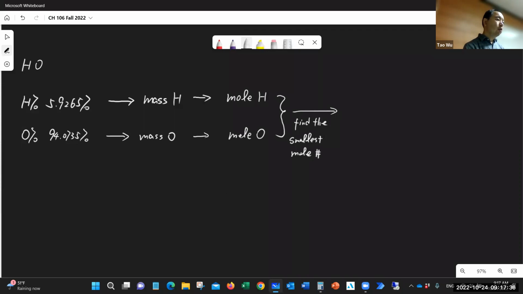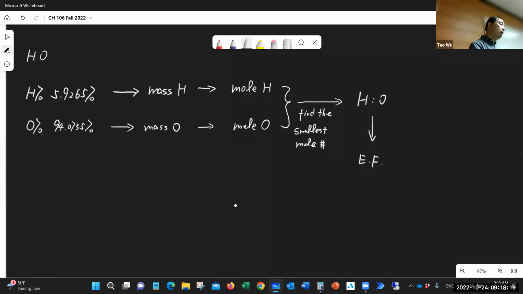Based on this, you figure out the ratio between hydrogen and oxygen, and then you can figure out the empirical formula. Generally, these are the steps. So let's do this one by one.